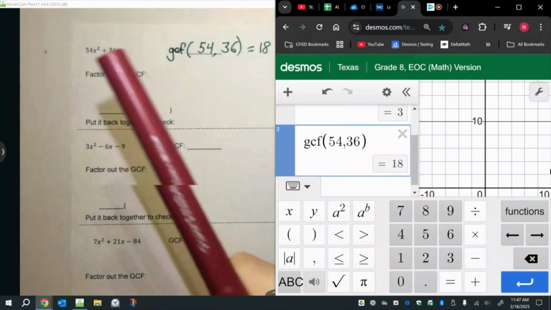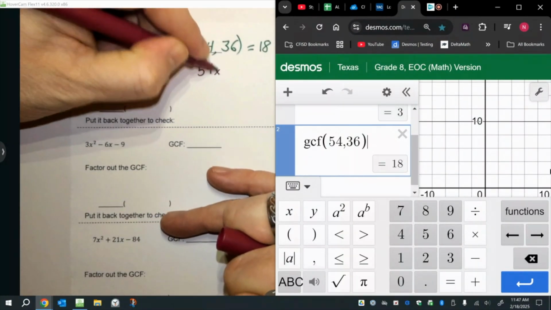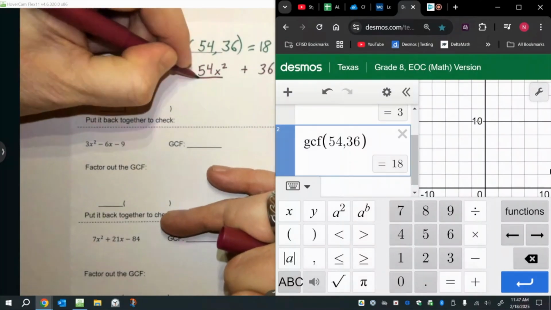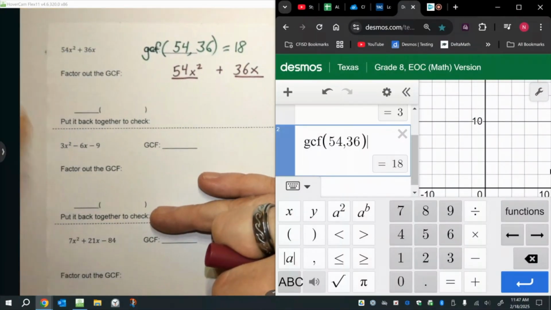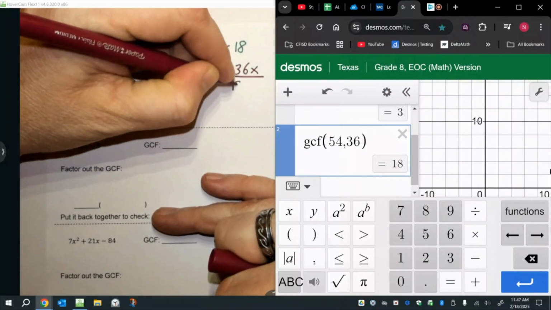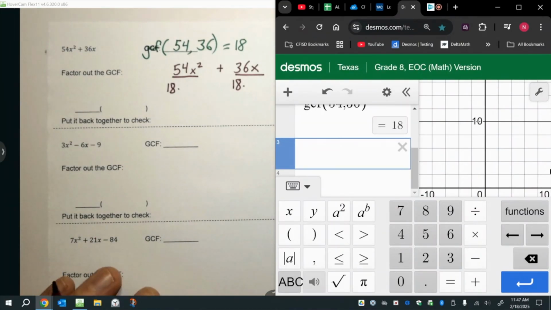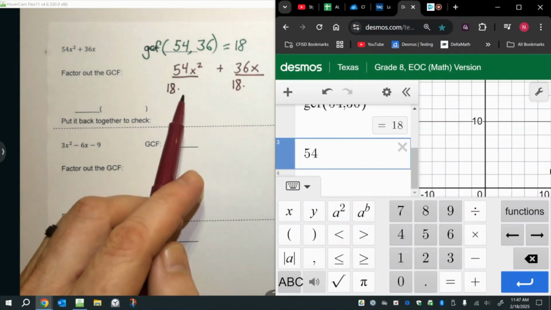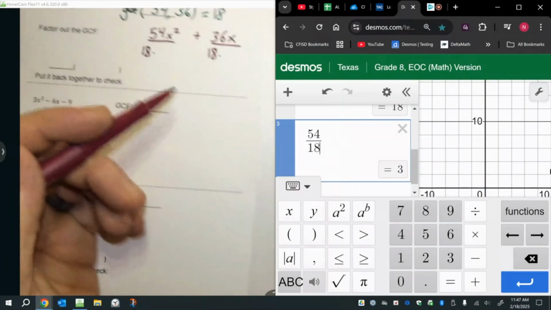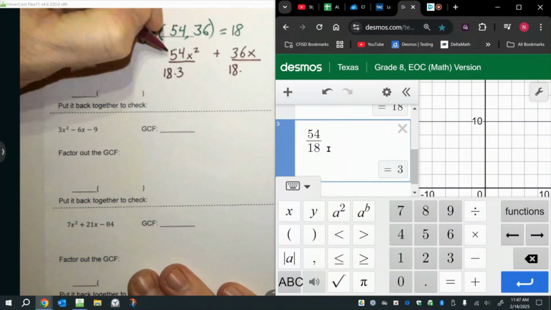Okay. So here's how I'm going to write this: 54x squared plus 36x. And here's what I know. I know that the greatest common factor is 18. So here's what I really want to know. What's left from both? If I took 54 and divided it by that 18, then we get 3. We're saying that 3 times 18 is 54.